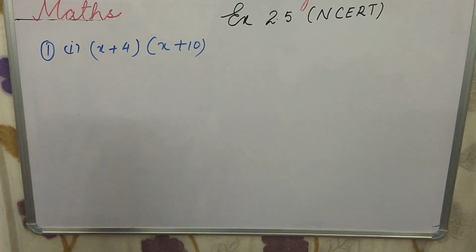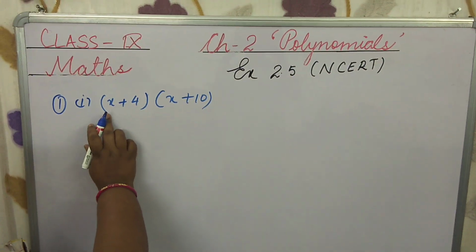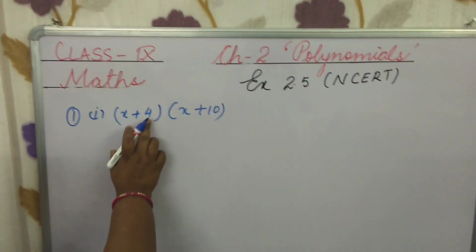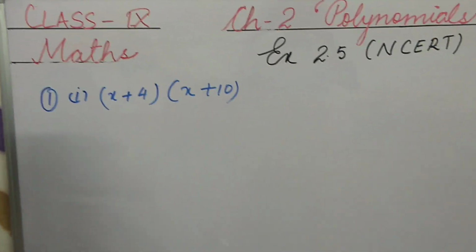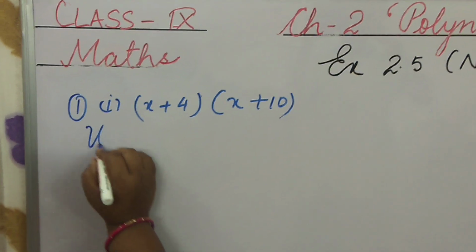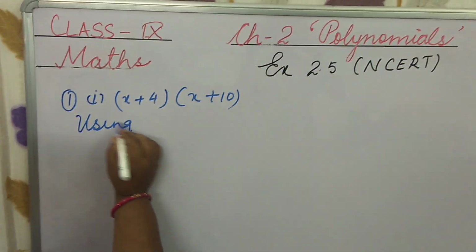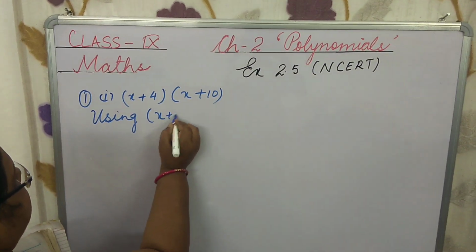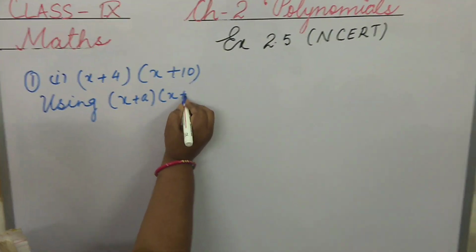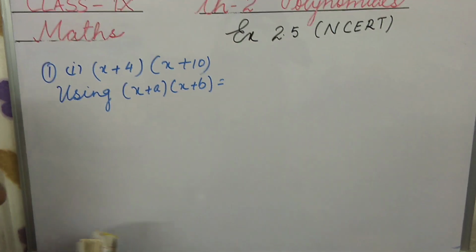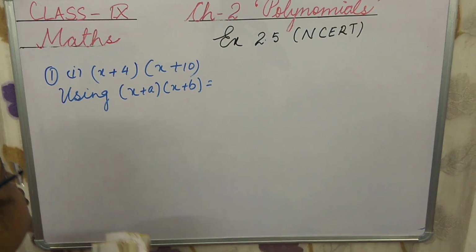In this case, what do we find? It is in the form of (x + a)(x + b). So we will be using the identity (x + a)(x + b), and you have to always mention the identity which you are using to solve it.